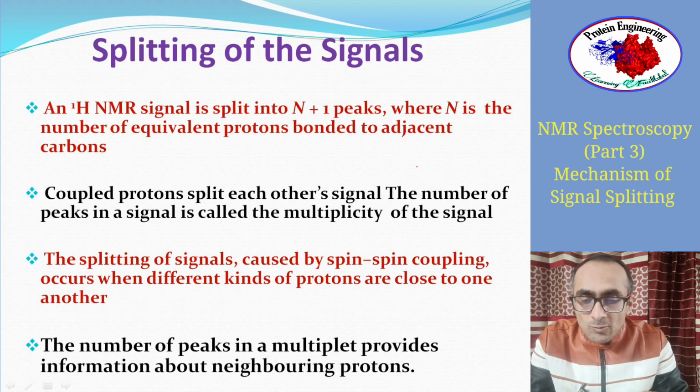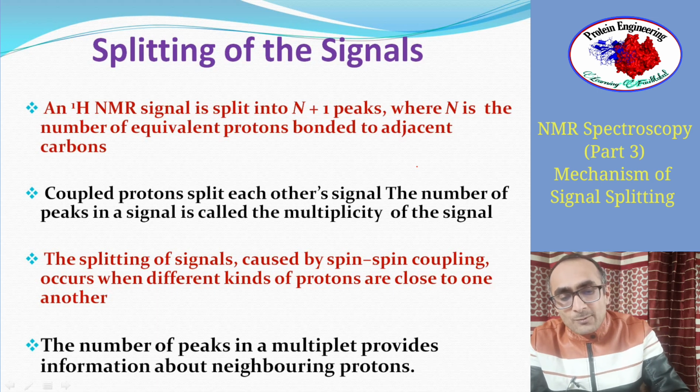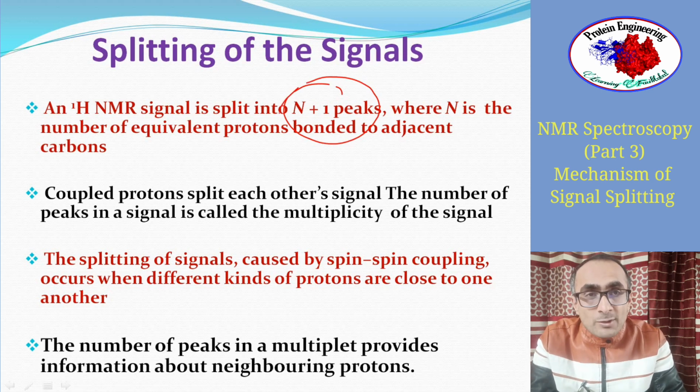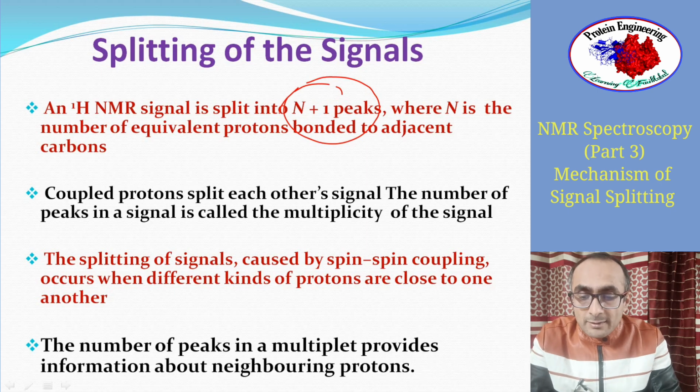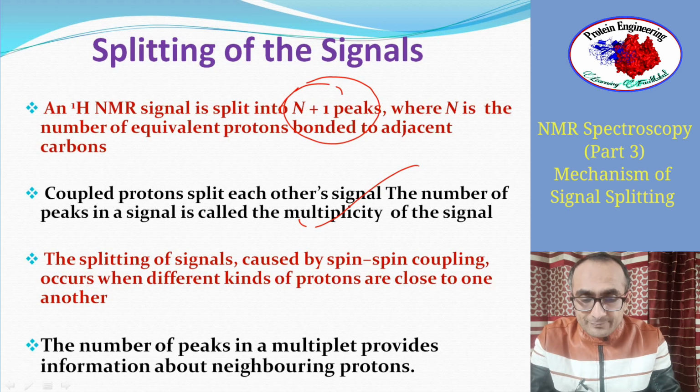So in H1 NMR spectra, the signal is split, and the splitting is defined by the N+1 rule, where N is the number of equivalent protons bonded to the adjacent carbon atom. These coupled protons split each other's signal. The number of peaks in a signal is called the multiplicity of the signal in a given NMR spectrum.